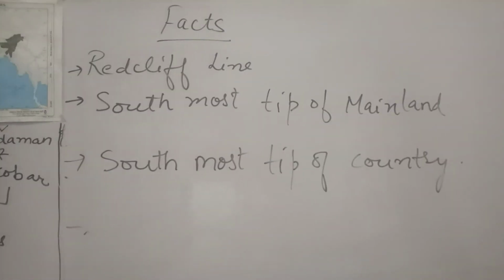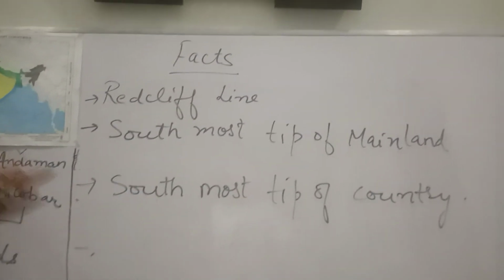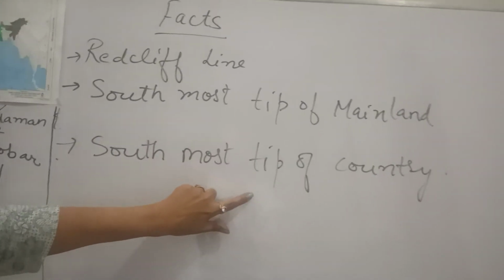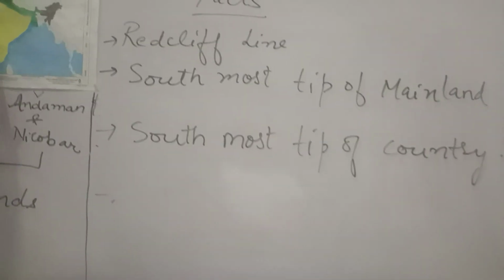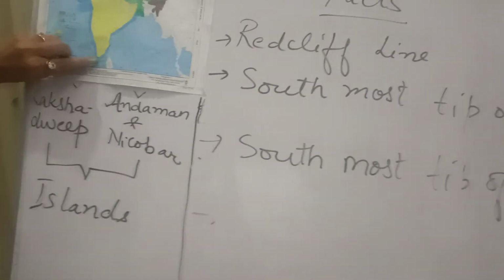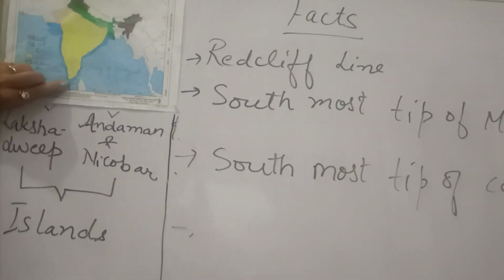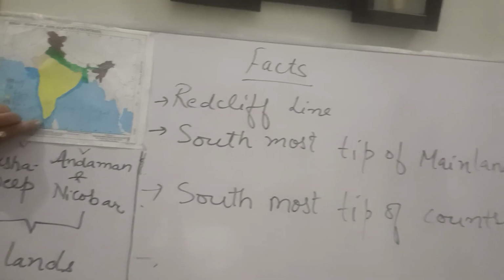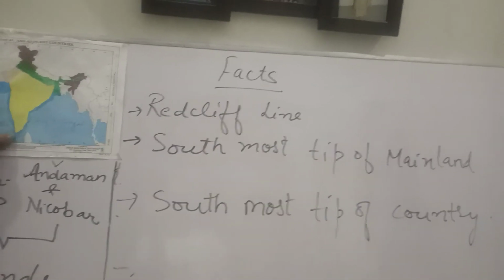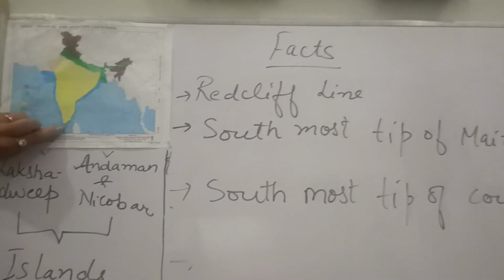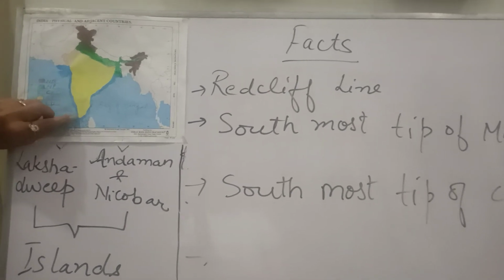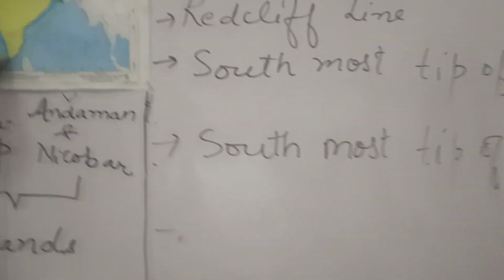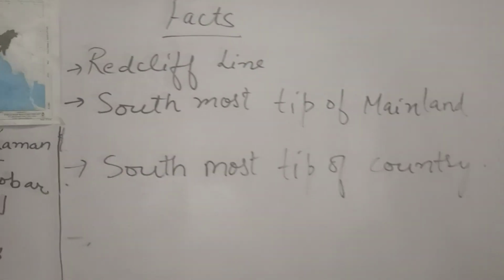Always remember that it is Kanyakumari. And the southmost tip of country is Indira Point. It lies here on the coastline, in the southmost part of our country. It is a coastal point, Indira Point, but southmost tip of mainland is Kanyakumari.